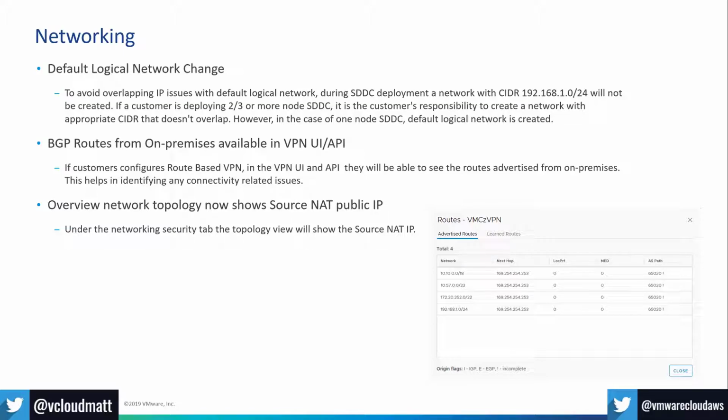And now, when you look at your source NAT and the public, you can actually see the public IP. This is actually feedback from a lot of customers. It was quite difficult, and unfortunately, I didn't have a picture I could put in here. I should do that in this deck, but a lot of times you couldn't actually see the public IP that you were advertising out to the internet for the services.